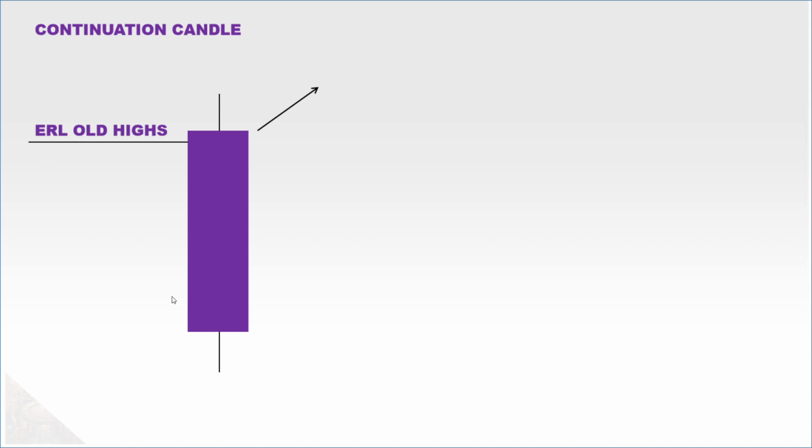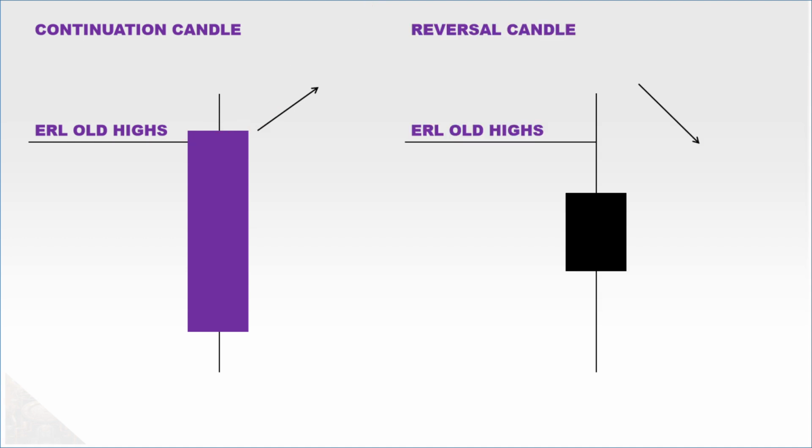We have closed above this high, so we must be going to continue the trend, right? If we are closing above this candle, we are supposedly going higher, right? So this is how a continuation candle looks. And if you're looking at the reversal candle, it looks like this, right?